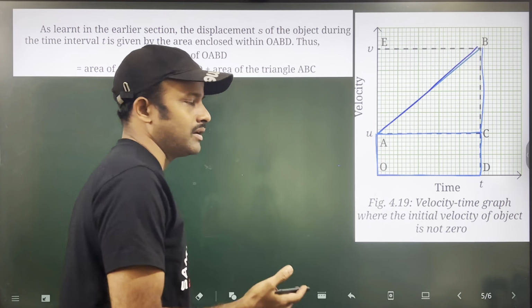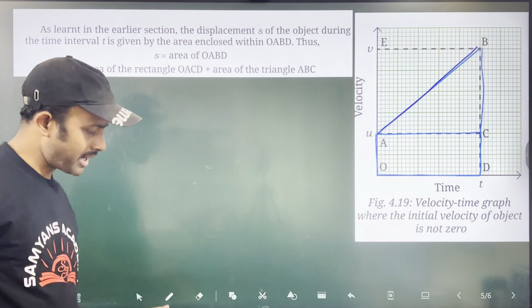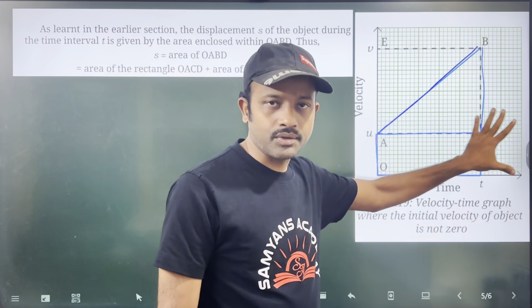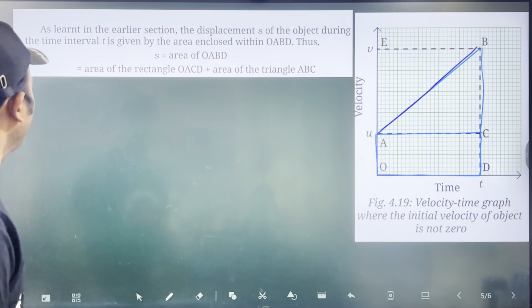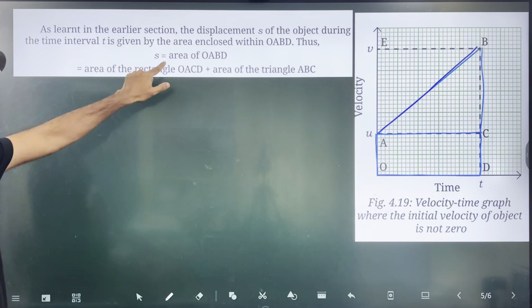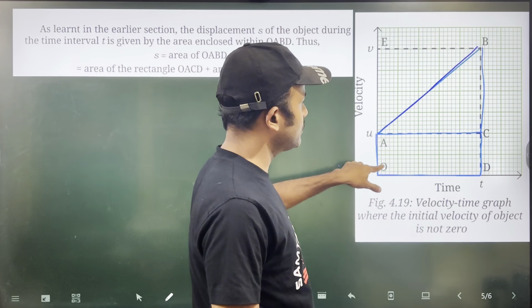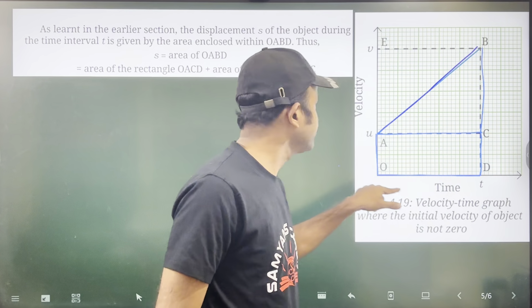Similarly to how we calculated the distance from the previous graph, in the same manner we can derive the distance formula, s equal to ut plus half at square, from this area. Let us start now. The area is OABD. The total area OABD looks like a trapezium, right?